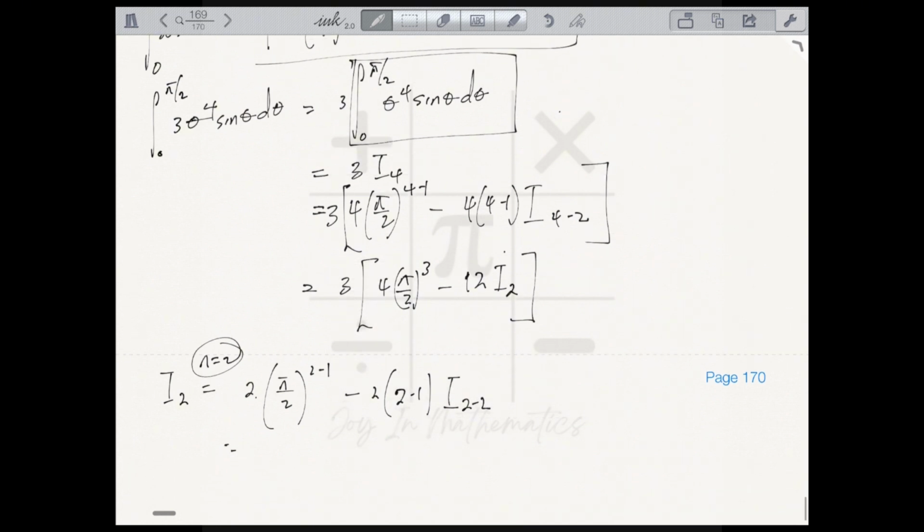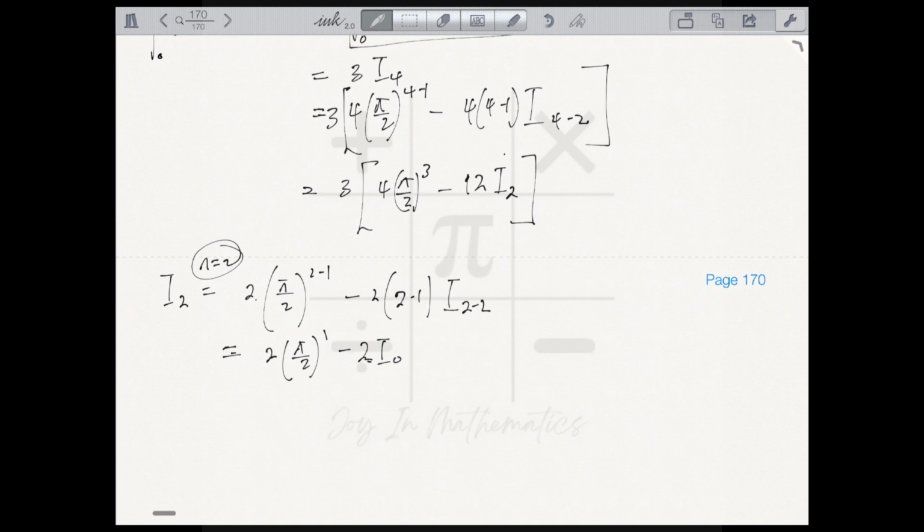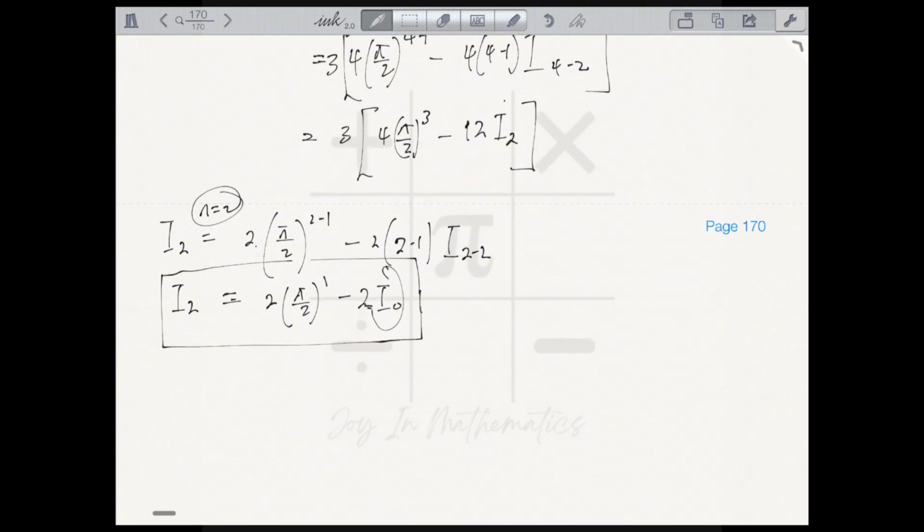So this will give us 2 into pi over 2 raised to power 1 minus 2 into 1, that is 2, of I naught. So this is an expression for I2. Now we can see that from I2 we still have to evaluate I naught.